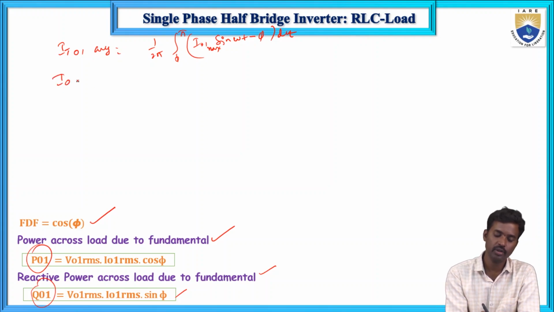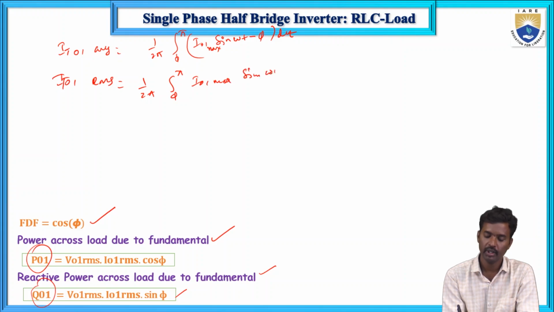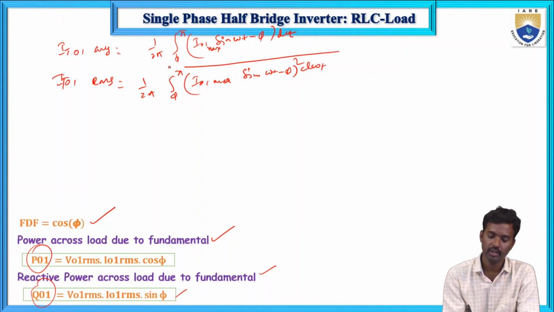And IT01 RMS equals the square root of 1 by 2 pi integral from phi to pi of I01 maximum sin of omega t minus phi whole square d omega t.